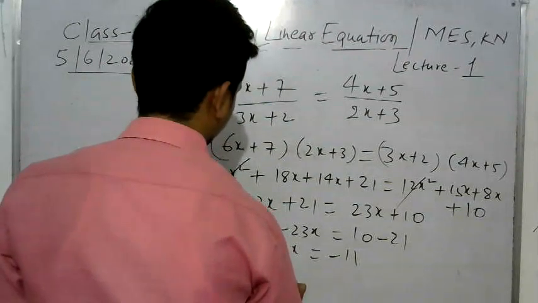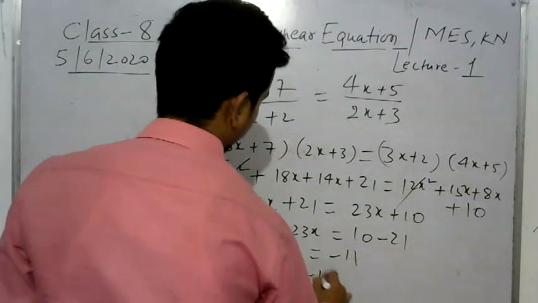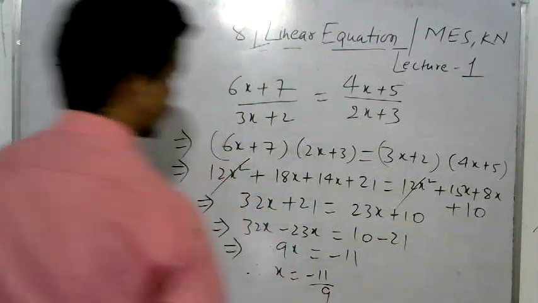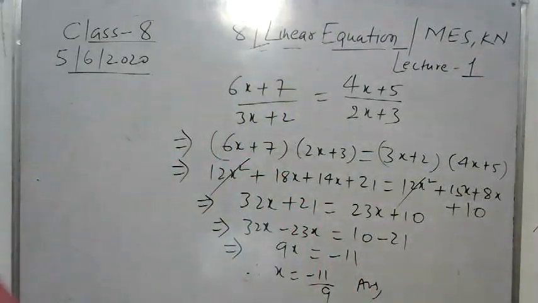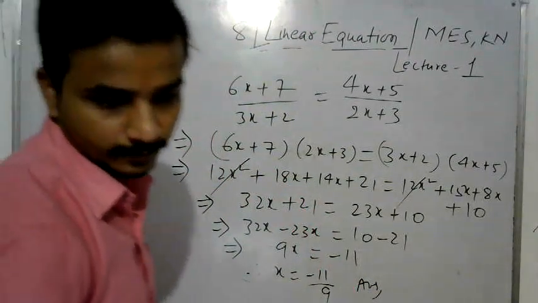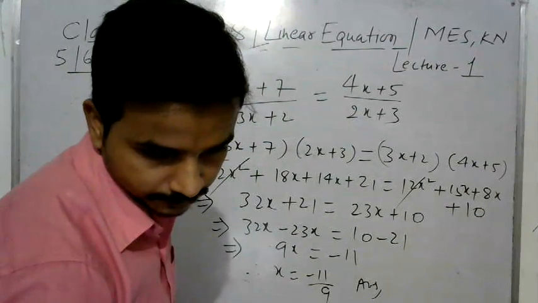So therefore x equals minus 11 over 9. So this is the answer. In this way you will solve it.